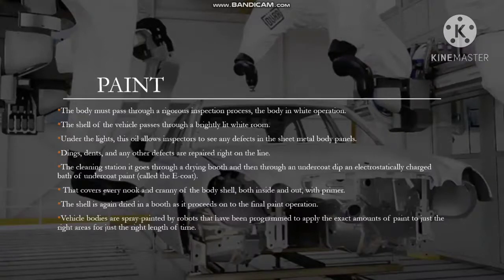This coat acts as a substrate surface to which the top coat of color paint adheres. Vehicle bodies are spray painted by robots that have been programmed to apply the exact amount of paint to just the right areas for just the right length of time.